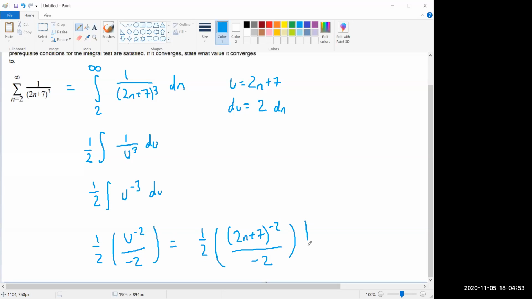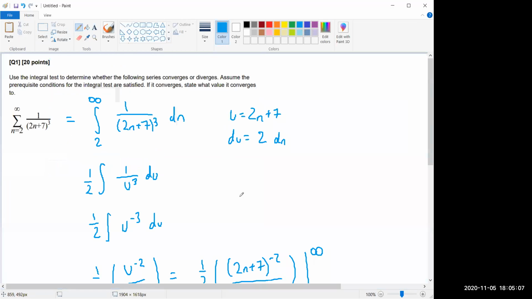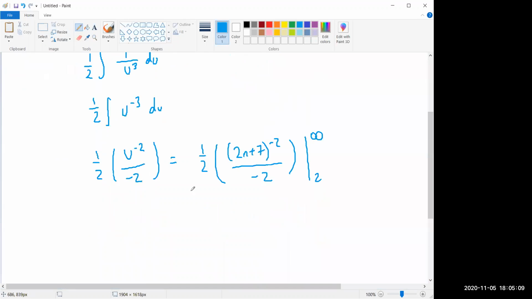Recall that we have to evaluate this from 2 to infinity. So let's write our answer more neatly so it'll be easier to evaluate. This is equal to 1 over negative 4 times (2n plus 7) squared, and then we're evaluating this from 2 to infinity.